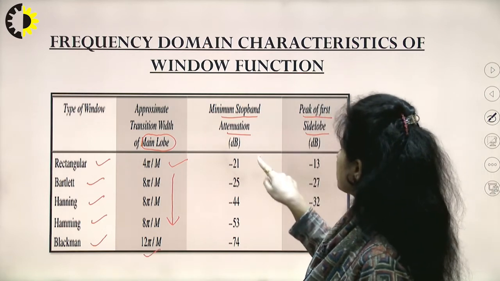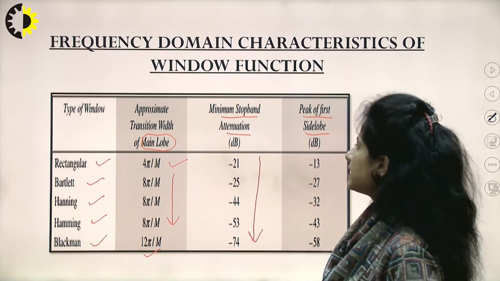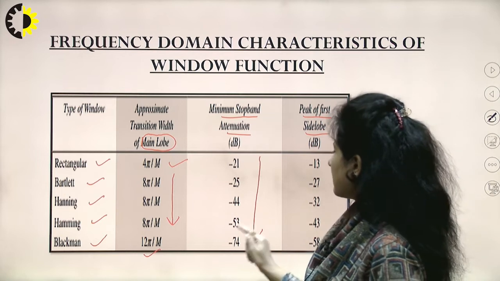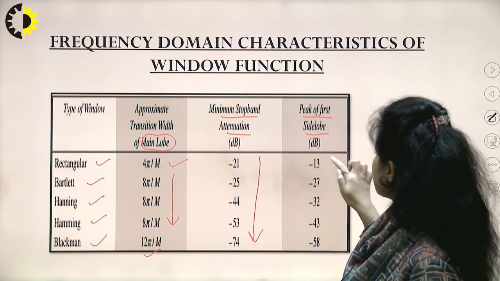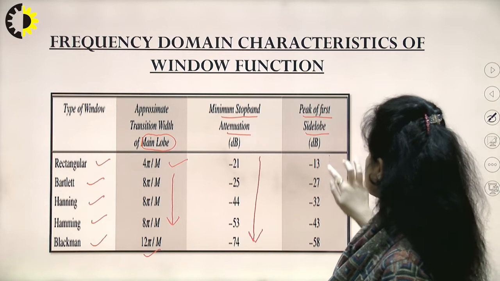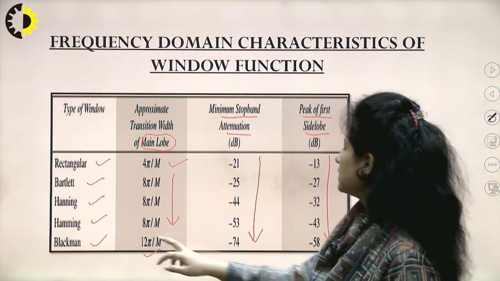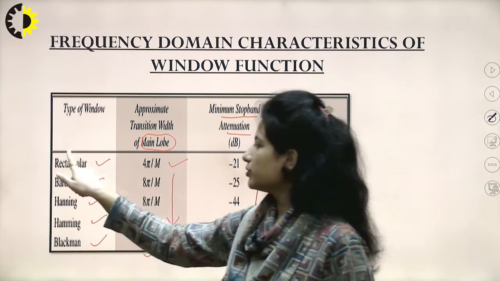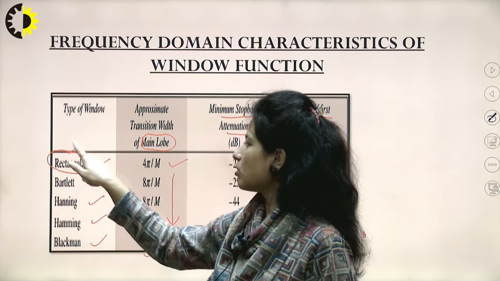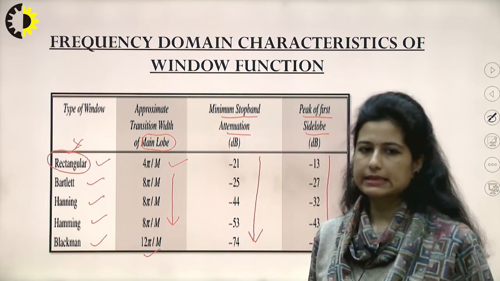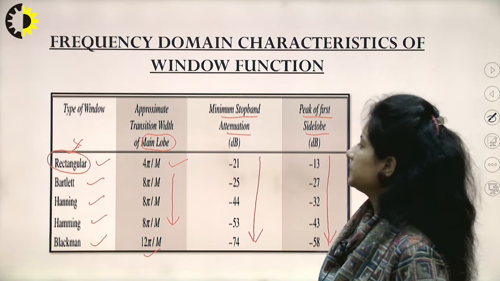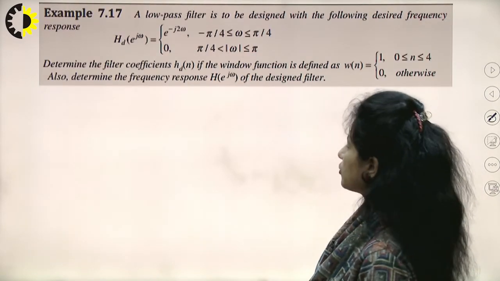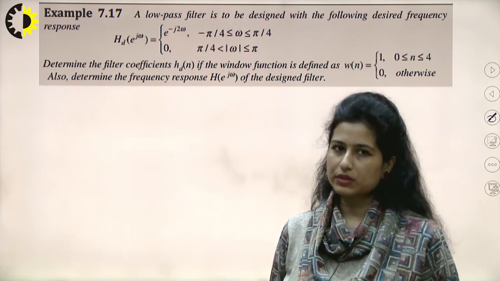The second parameter is also arranged in the form of increasing value. The minimum stop band attenuation is minimum in the rectangular window and maximum in the Blackman window. Similarly, the peak of the first side lobe is maximum in the case of the Blackman window and minimum in the case of the rectangular window. But as I told you, the rectangular window is never preferred because of the undesirable oscillation existing in the frequency response. So one by one, we'll see how we use all these windows for generating a finite response.